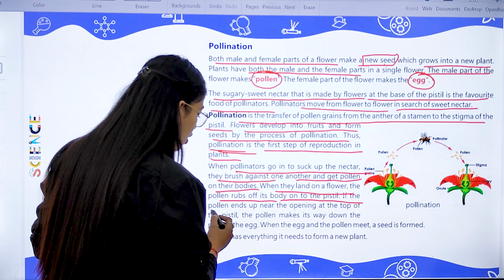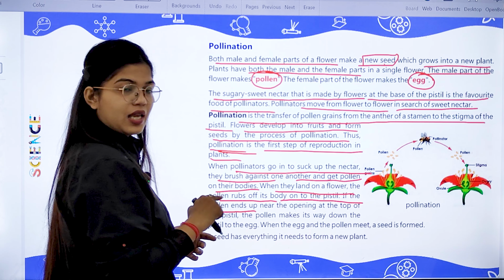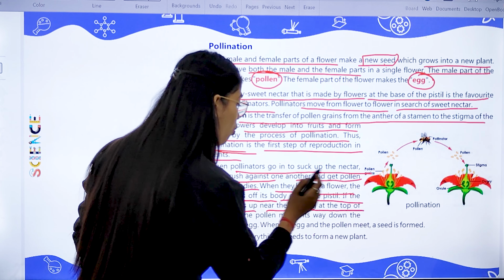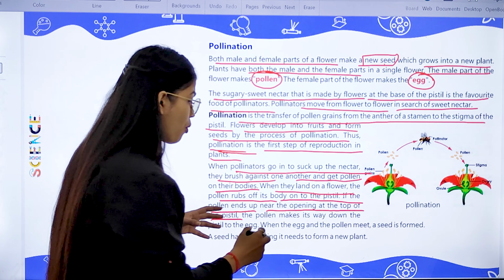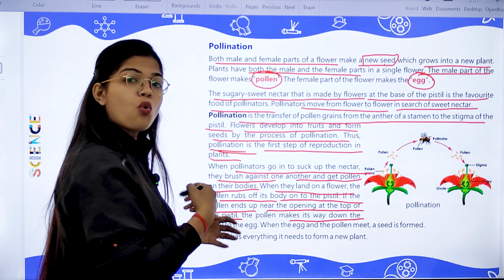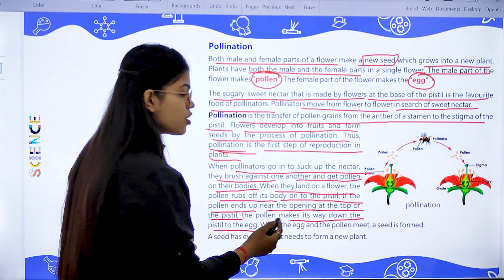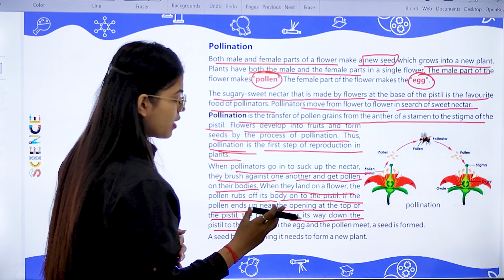Right. Now, if this pollen grain ends up near the opening at the top of the pistil, then that pollen will make its own way down the pistil to the ovary, or to the egg.